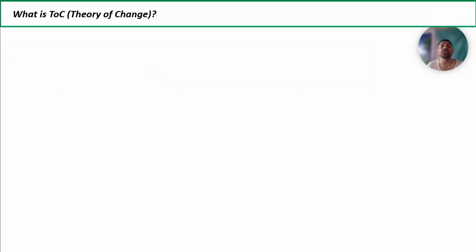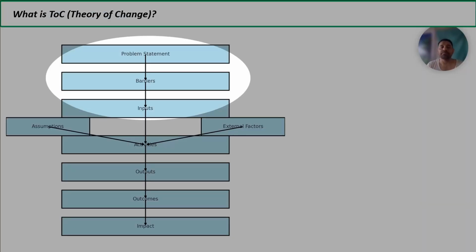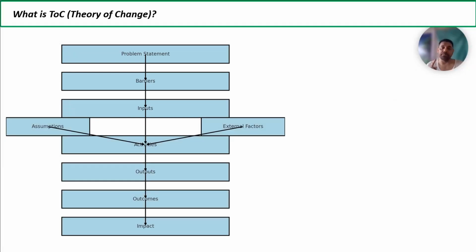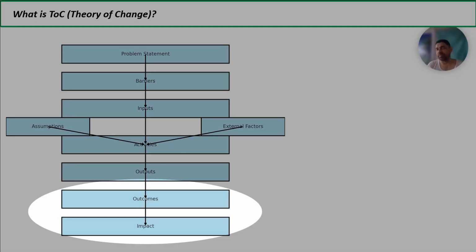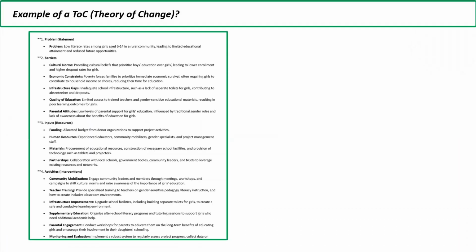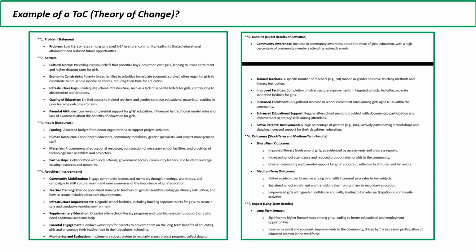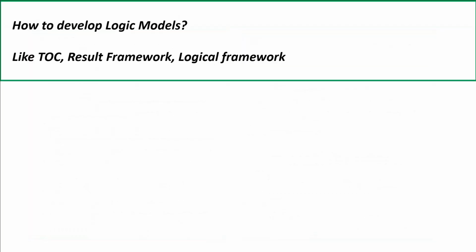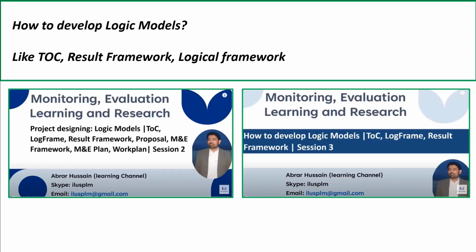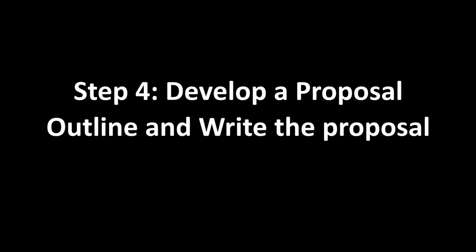Theory of change is simply: what is the problem, what are the key barriers, how can this problem be addressed, and if these problems are addressed, what will be the outcome or the impact. If you want to learn how to develop a theory of change, results framework, or logical framework, you can watch these videos. There are comprehensive tutorials on my channel. The link of the playlist is given in the description.